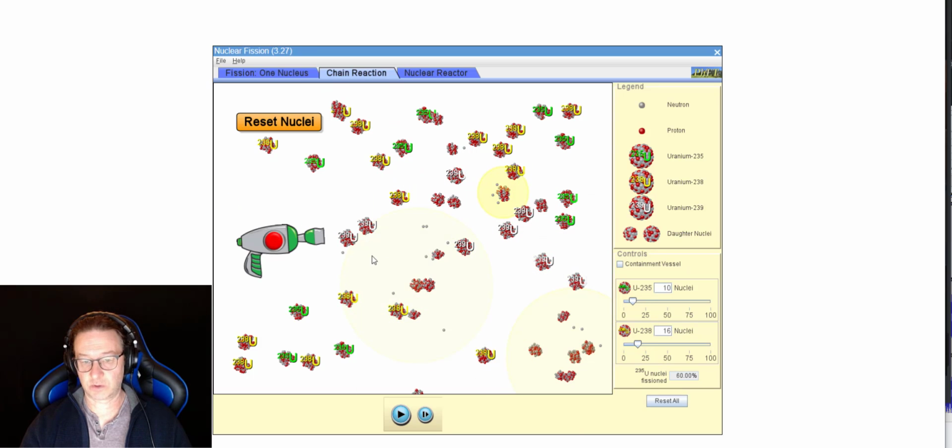So that's what happens when we get a neutron that passes through until it hits a uranium-235. And you see the response here. You also can see, hopefully, that more of the uranium-238 has now become uranium-239.